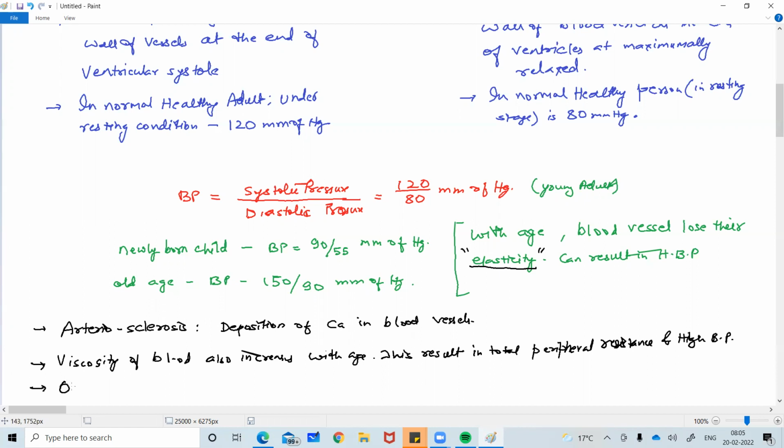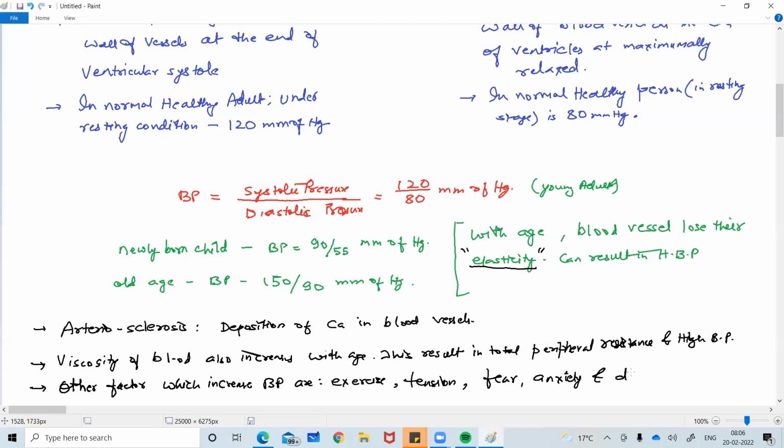Let me write other factors which increase blood pressure are exercise, then tension, fear condition, anxiety, and depression.